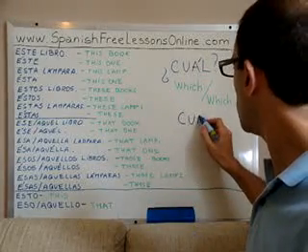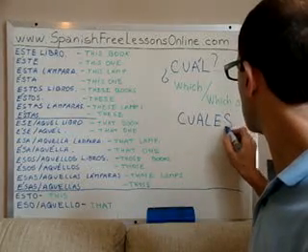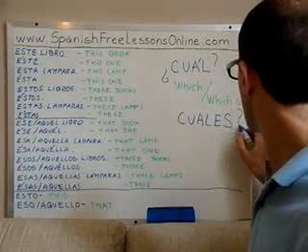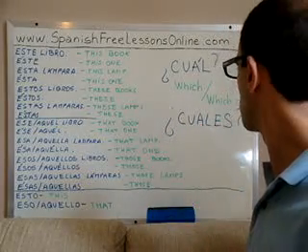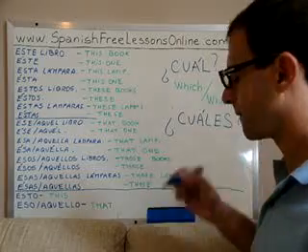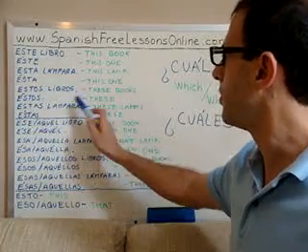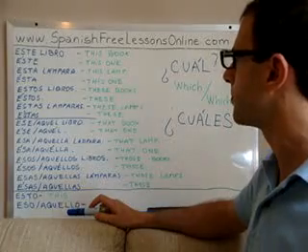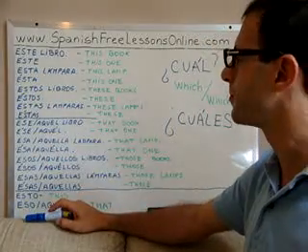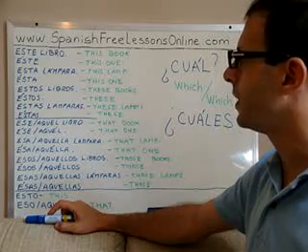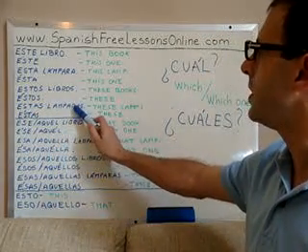Plural would be cuáles. For which. Which books? ¿Cuáles? Éstos. These. Okay? Éstos with a tilde. Now I say estas lámparas. You see? Feminine plural.